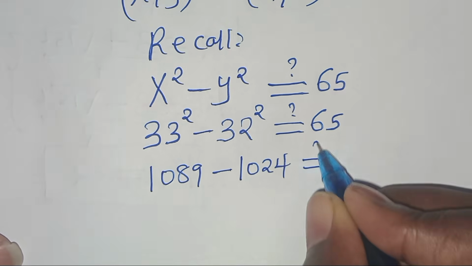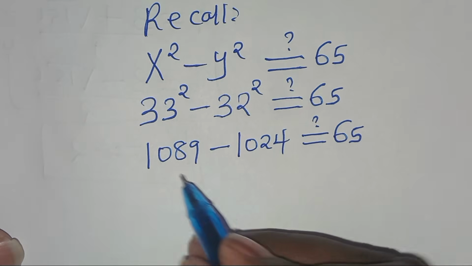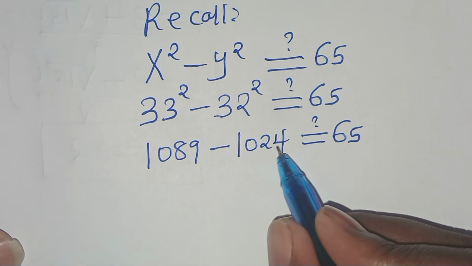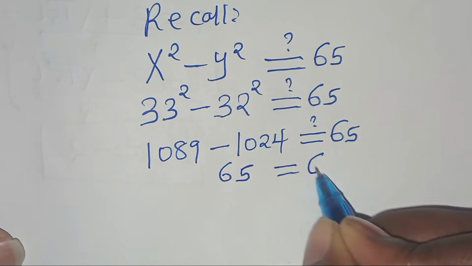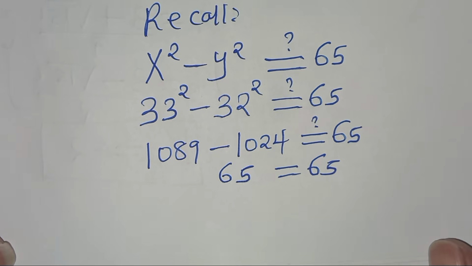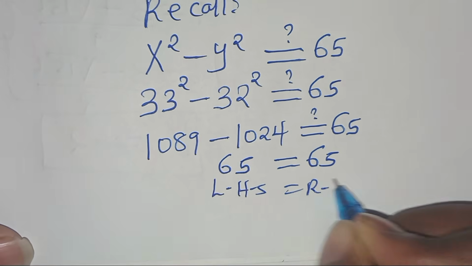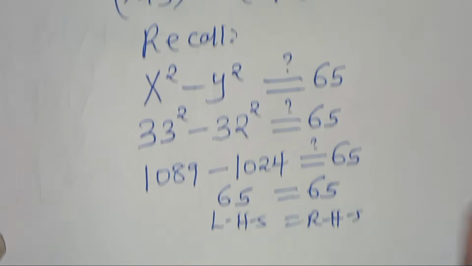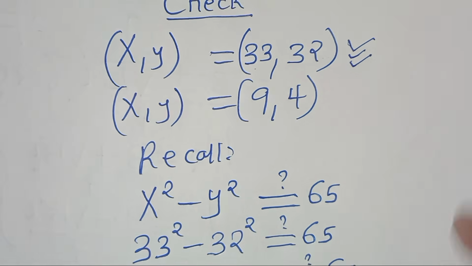So we have 1089 minus 1024, which is equal to 65. The left hand side is equal to the right hand side, and that affirms that the first solution satisfies the equation.